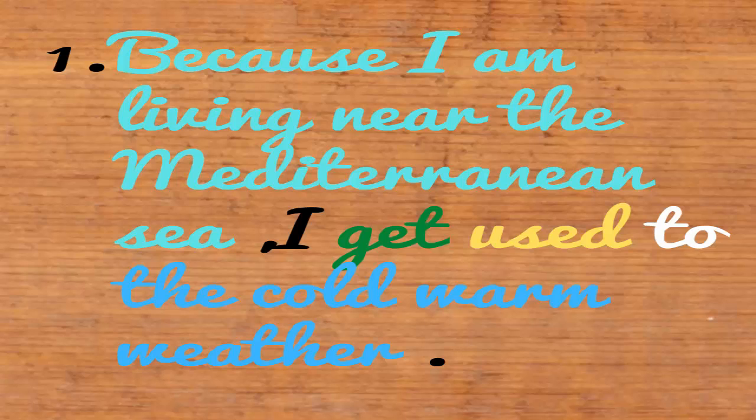You know the weather there. It's cold, it's warm, but it's not that hot. That's why being adapted to this new situation helps to get used to living there easily. So because I am living near the Mediterranean Sea, I get used to the cold, warm weather.